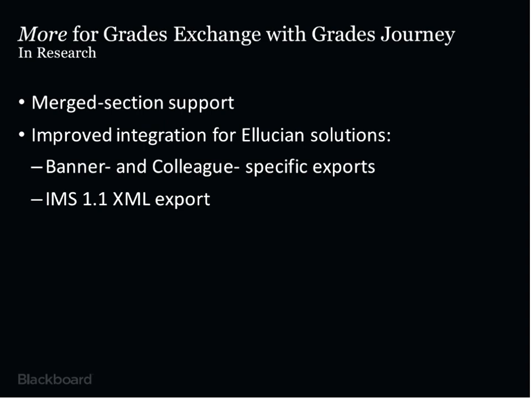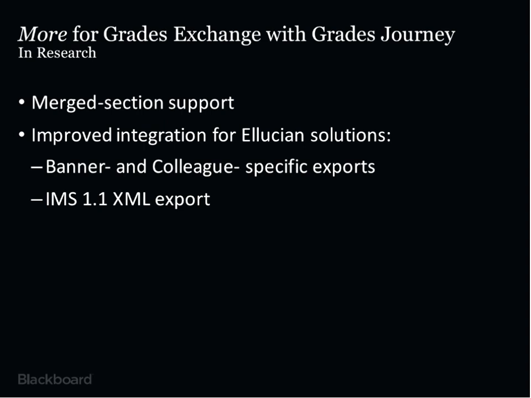The second area of improvement is to reduce barriers for our Ellucian users. So for institutions using Banner or Colleague, making it a little easier to get data out presently. That would include support for the IMS 1.1 XML export.